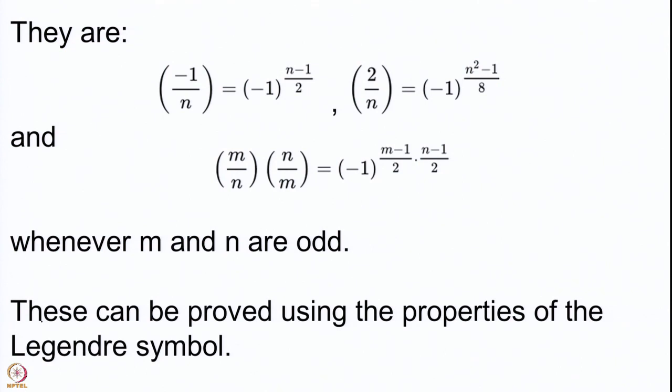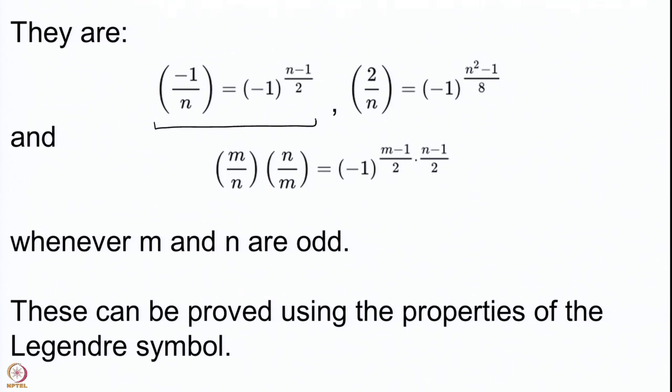The most important of those were the quadratic reciprocity laws, which are here in front of you in the slide. So, we have that the Jacobi symbol of -1 by n is equal to -1 to the power n minus 1 by 2.